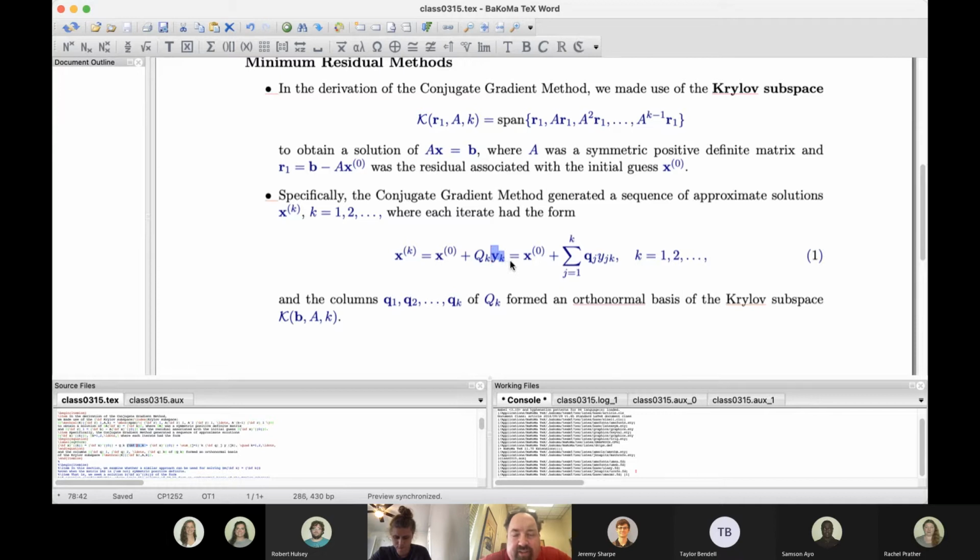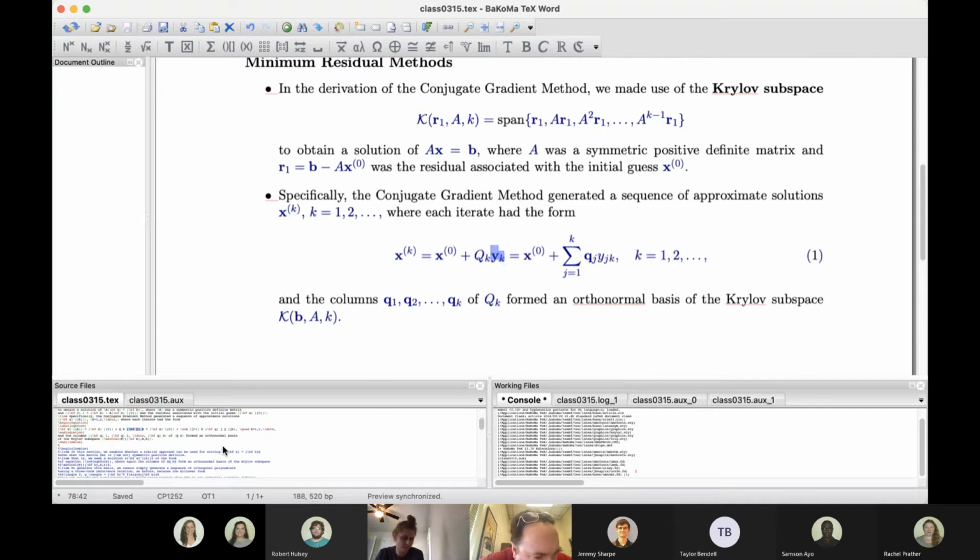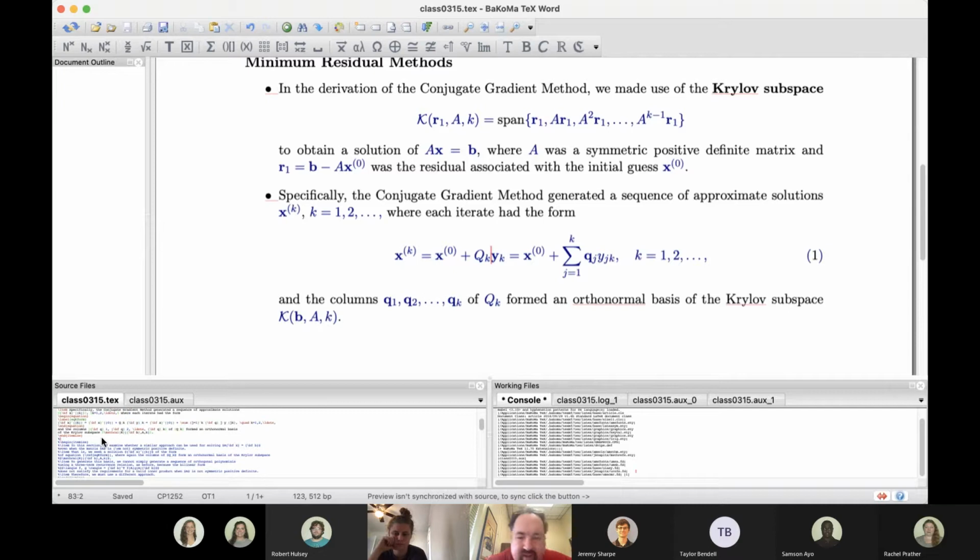In conjugate gradient, the goal was to make all the residuals orthogonal to one another, and also make the search directions orthogonal to one another. So that ended up dictating this vector yk here. So what are we going to do if we want the solution to have the same form? How are we going to choose yk if we no longer have symmetric positive definiteness to rely on?